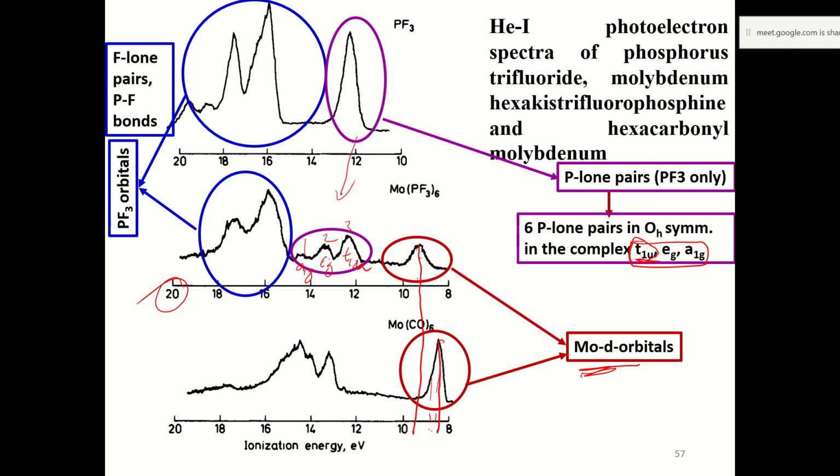So what you see clearly here is that the ionization energy for d orbitals is higher in the case of the PF3 complex. जो PF3 वाला कॉम्प्लेक्स है, मोलिब्डेनम PF3 6 कॉम्प्लेक्स है, इसके लिए जो आयनाइजेशन एनर्जी है वो ज़्यादा है, मतलब इलेक्ट्रॉन्स को निकालने में.